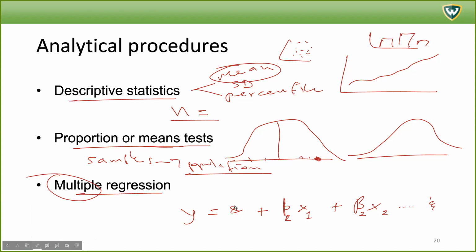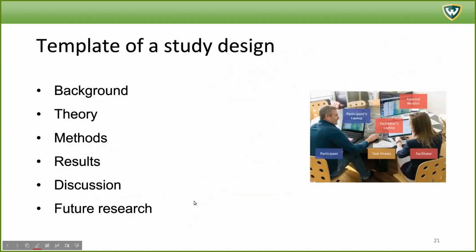This is not ampersand. This should be more like alpha. No, I should have had eraser here. So this is more like A, intercept. So the idea is that we have multiple variables, and we want to see the impact that all of these variables have on one outcome of interest. And we'll talk more about this in the following slides.